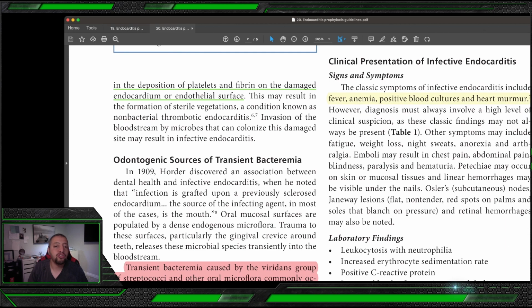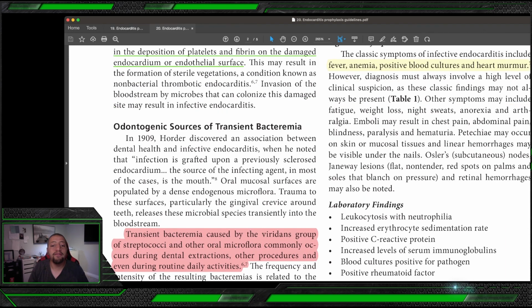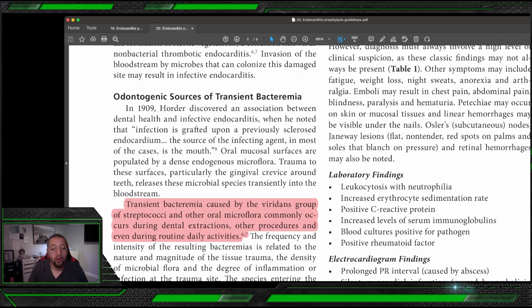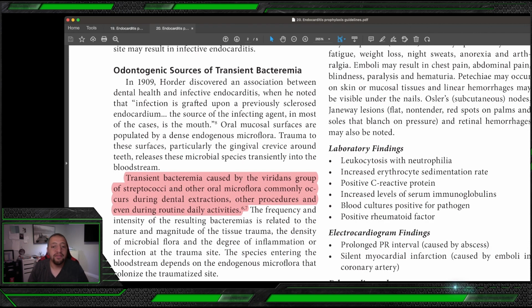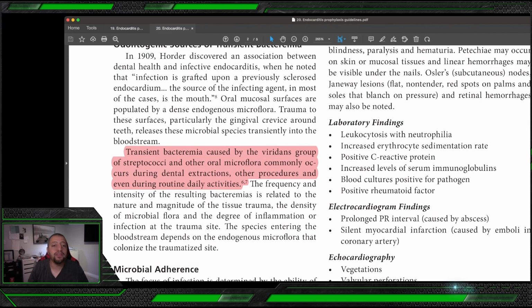Then, the odontogenic source of transient bacteremia: transient bacteremia caused by a very dense group of streptococci and other oral microflora commonly occurs during dental extraction or other procedures, and even during routine daily activities. The frequency and intensity of the resulting bacteremia is related to the nature and magnitude of the tissue trauma.